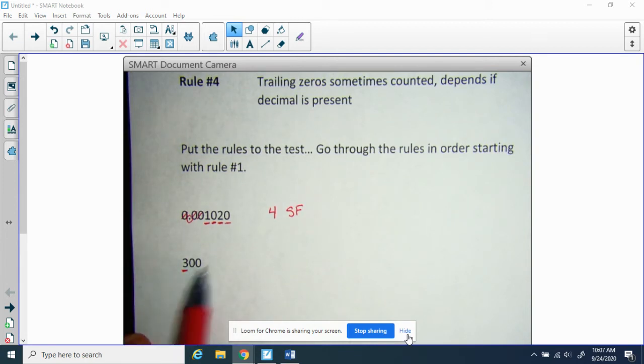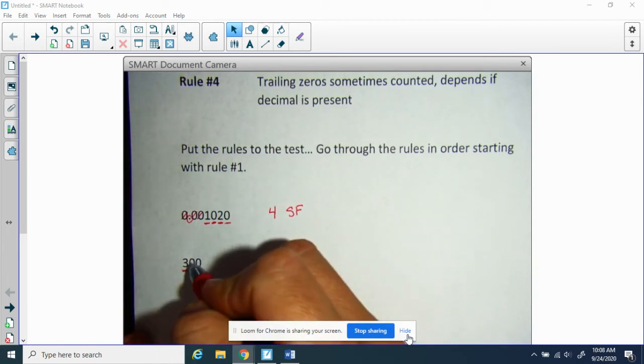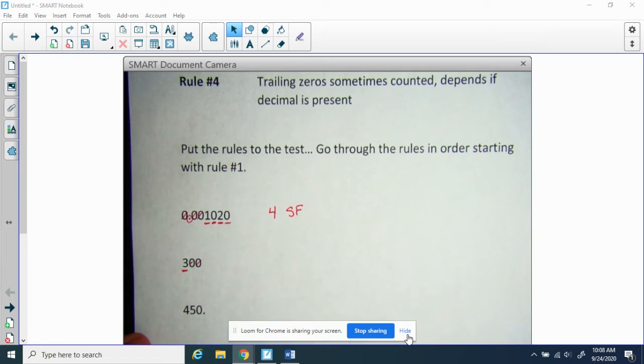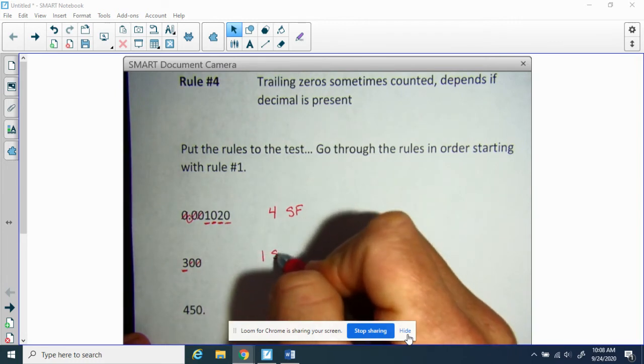Well, I don't have more than one 1 through 9 number, so I can't have any trap zeros. That means the only zeros I have left here, these 2, fall into the rule number 4 category, a trailing 0. They are sometimes counted. It depends if the decimal is present. I do not see a decimal present, so these would not count, meaning they're not measured. The way this number is written, 300 without a decimal, only has 1 significant figure.